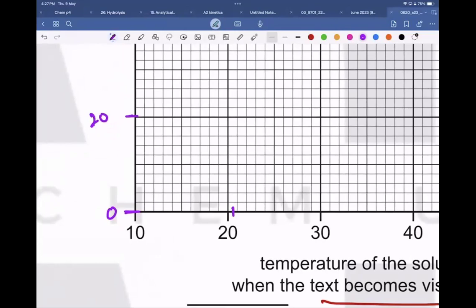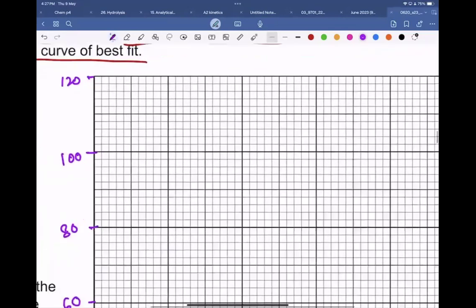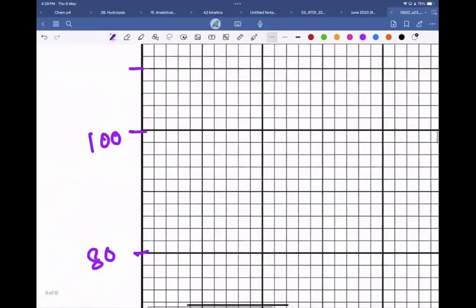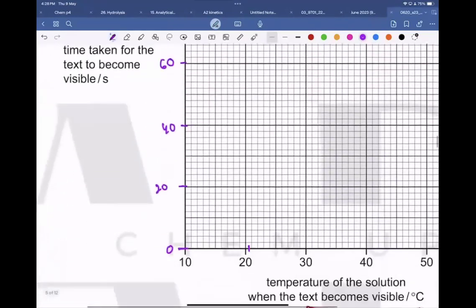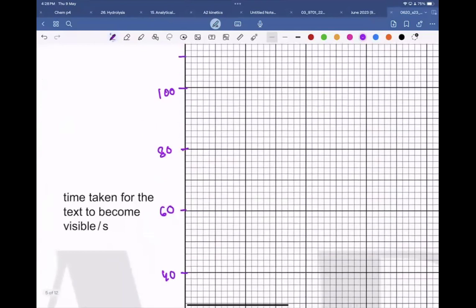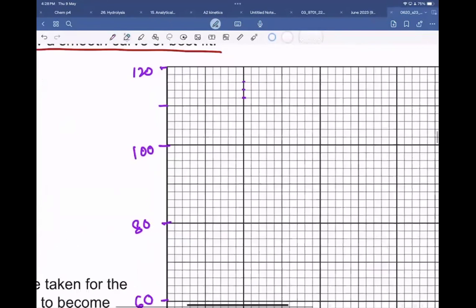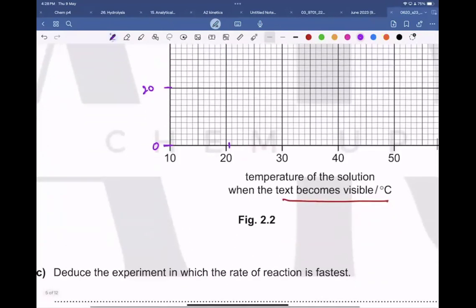So it's going to be 20.5, and over here we need 116, so it is going to be 112, 116. So we are going to plot a point over here for 116 at 20.5.